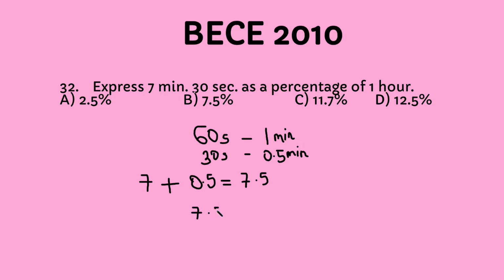We're then going to express 7.5 as a fraction, which will become 7.5 over 60. 60 is the minutes conversion for 1 hour. 60 minutes will give us 1 hour. And since we are solving in minutes, we must convert 1 hour to minutes. So we have 7.5 divided by 60 multiplied by 100 to get the percentage. Our answer will be 12.5%, which is D.